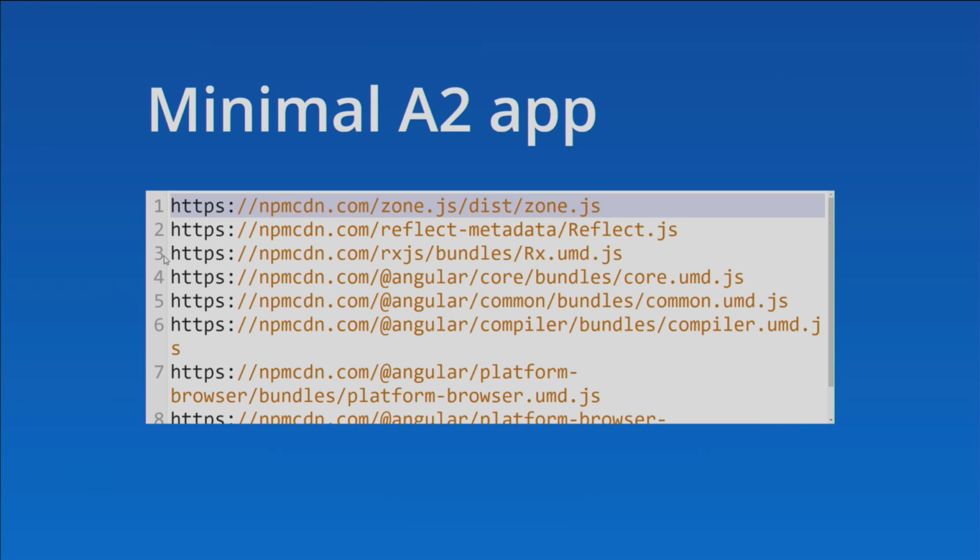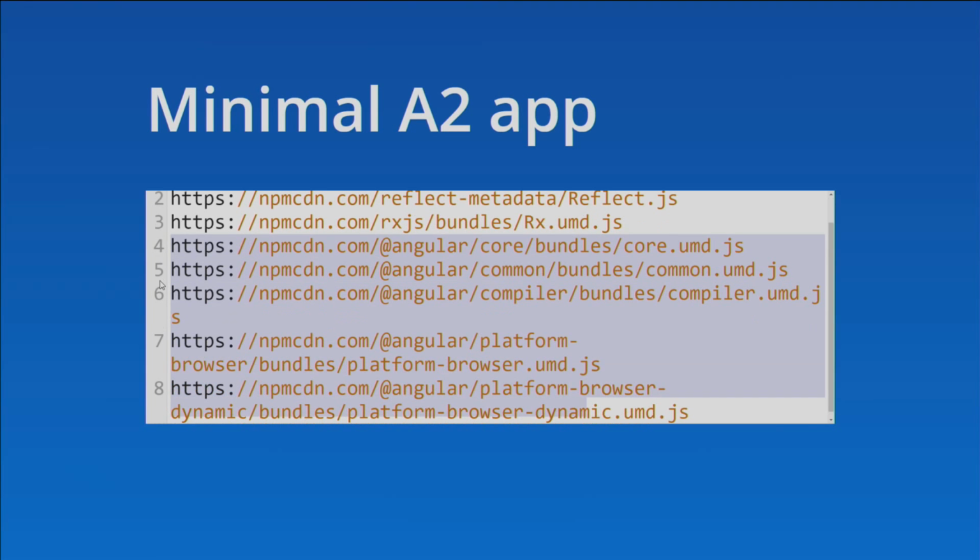So there are those three libraries that are utility libraries, okay, and then there is a bunch of Angular stuff, including core, and then common, and then compiler, and platform browser, and platform browser dynamic.